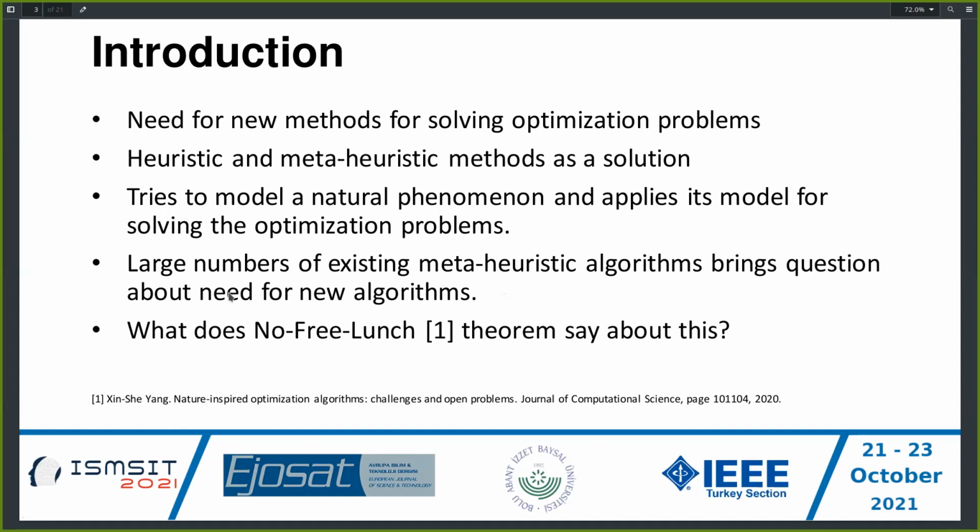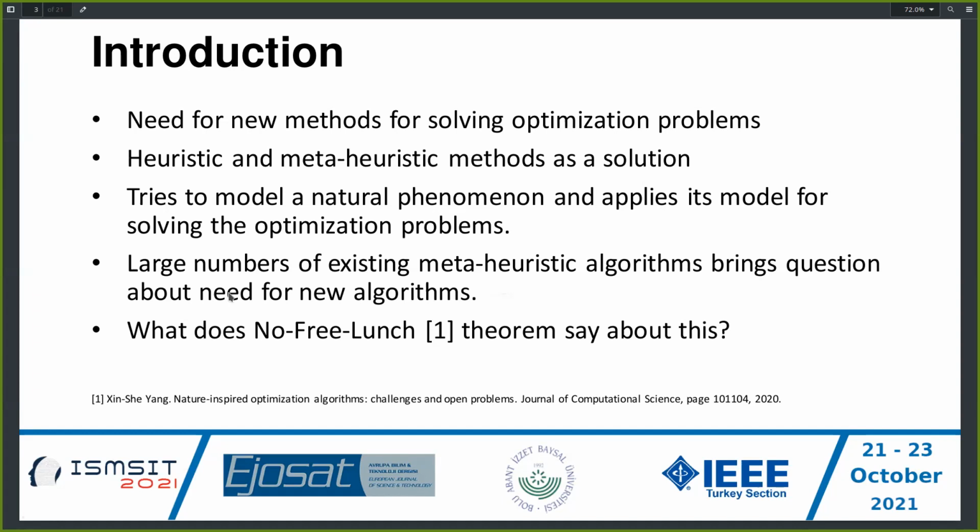But if we take a look at the no free lunch theorem, it states that there is no single optimization algorithm, metaheuristic, that can provide the best solution for all given problems. So there will always be a need for new optimization algorithms.